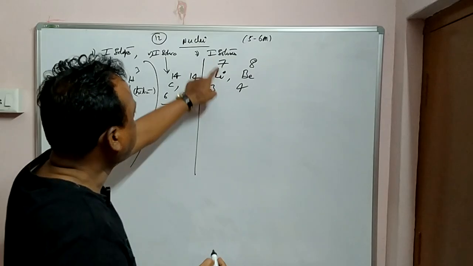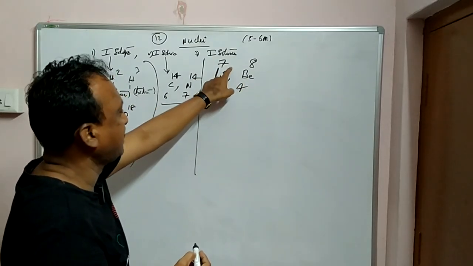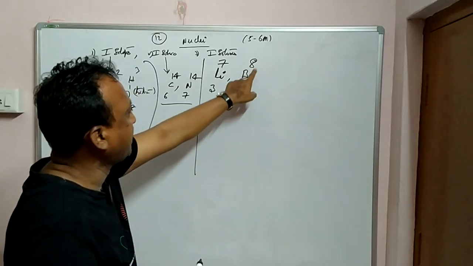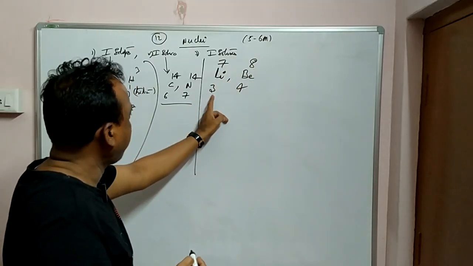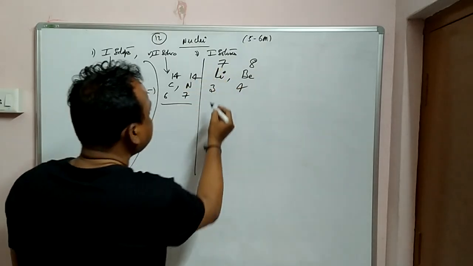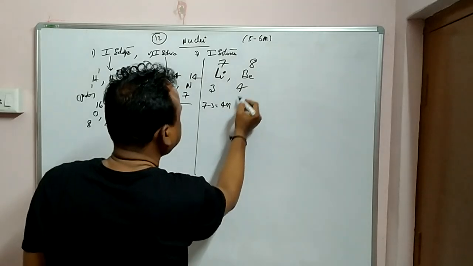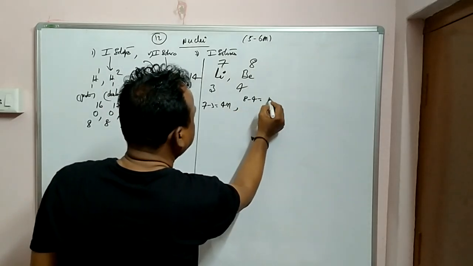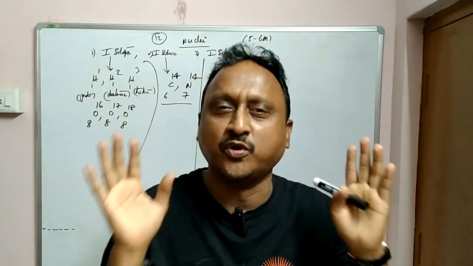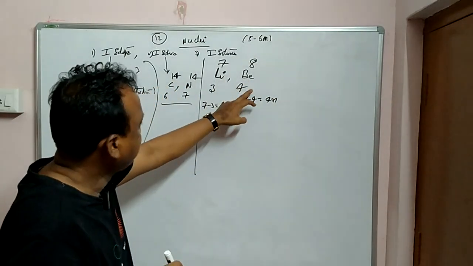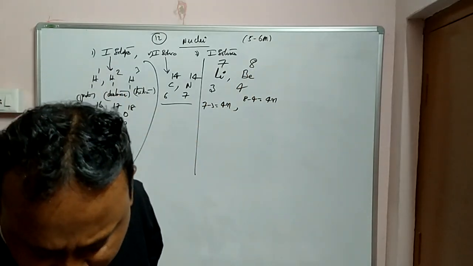See here, in isotones, lithium has 3 atomic number, 7 mass number, beryllium 4 atomic number, 8 mass number. Different elements, different atomic numbers, different mass numbers. But if you take A minus Z, 7 minus 3, 4 neutrons. Similarly 8 minus 4, 4 neutrons. In such cases those are called isotones: atoms of different elements, different atomic number, different mass number, but the same number of neutrons.